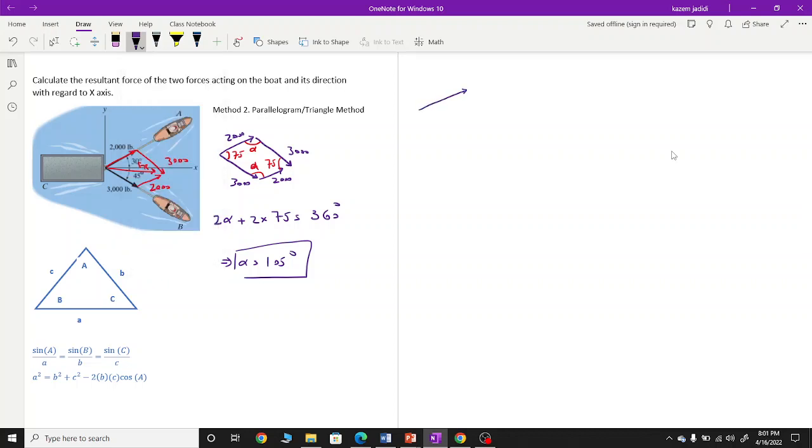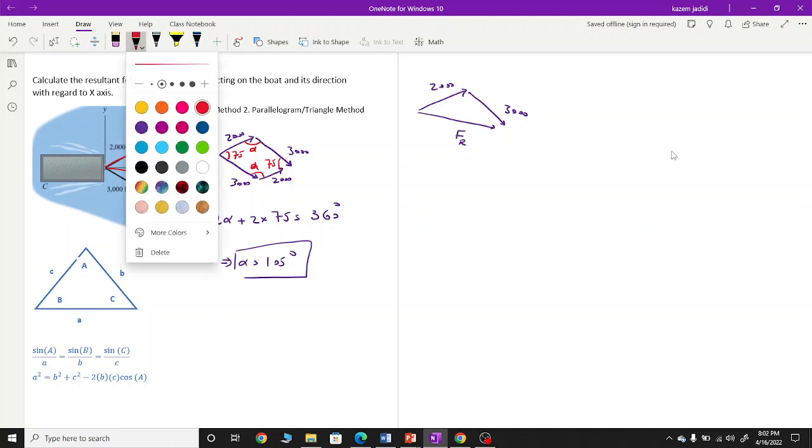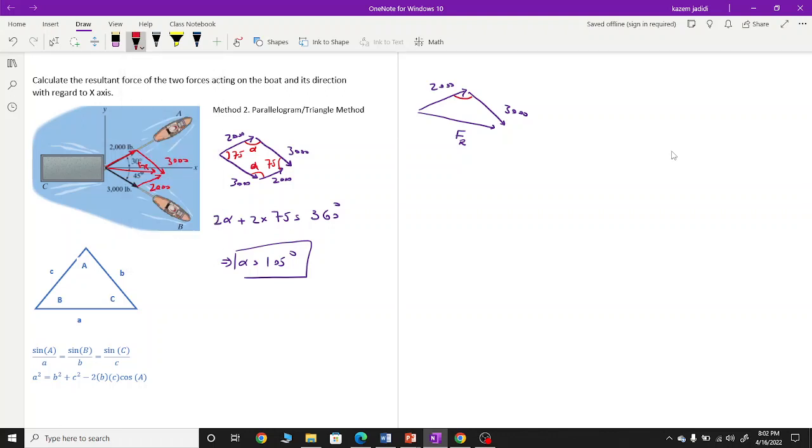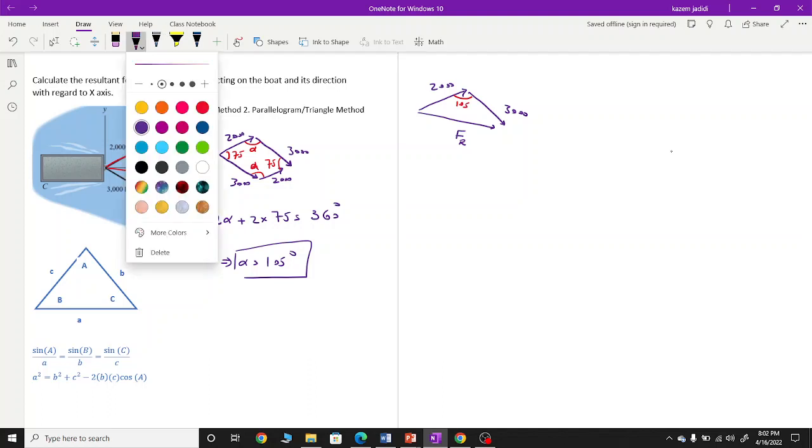So a triangle using these two forces, 2000 and 3000, and this is going to be our FR. The good point is that we know the angle between 2000 and 3000, and that's 105.